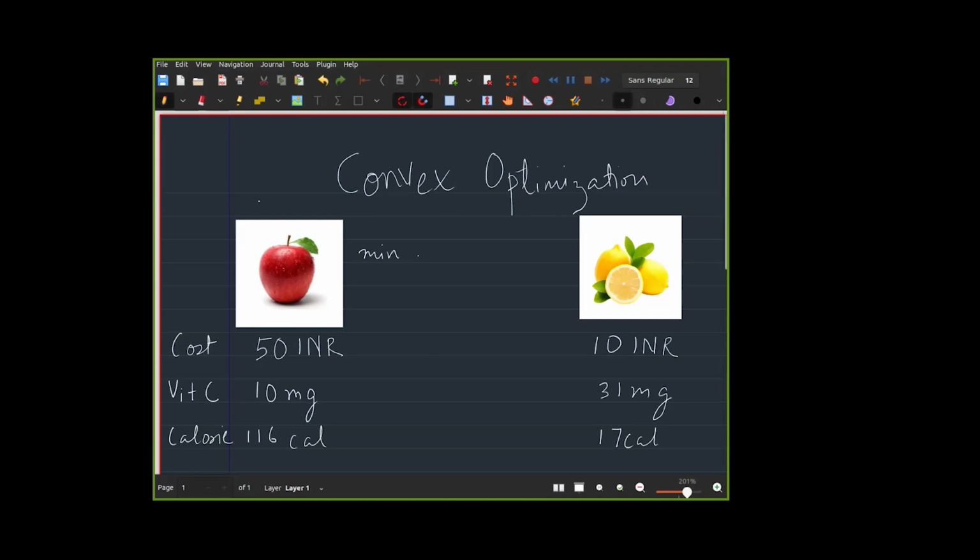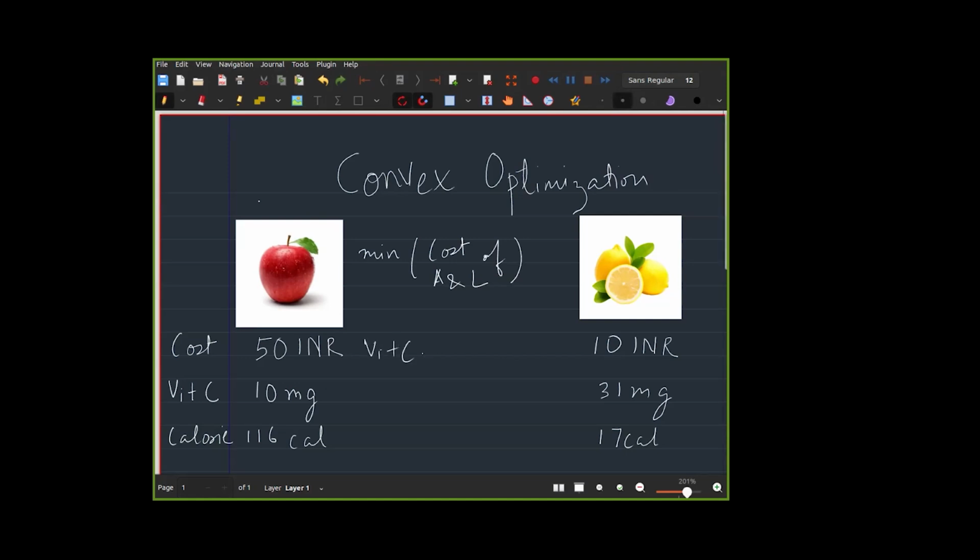So I want to minimize the cost of apple and lemons. That's the goal. And I have some constraints like total vitamin C from apple and lemon.